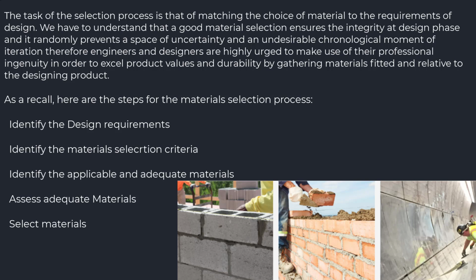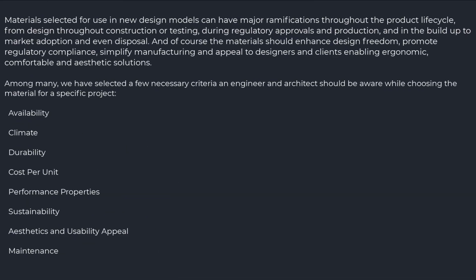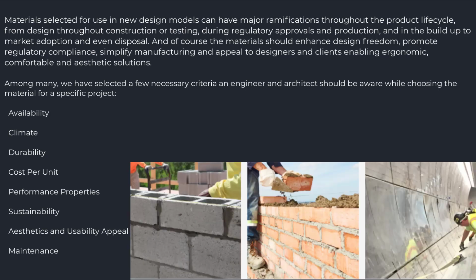And then you will finally decide to say, this is the one that I'm selecting, and these are the materials suitable, feasible, and reliable for the purpose I'm going to accomplish for my project, which is still a vision to turn into a reality. Among many, we have selected a few necessary criteria an engineer and architect should be aware of while choosing the material for a specific project.